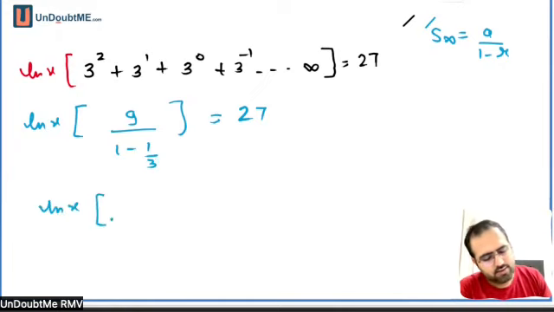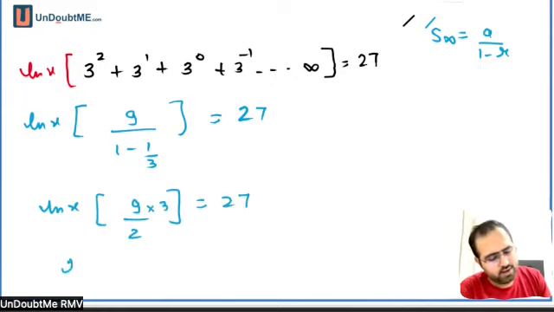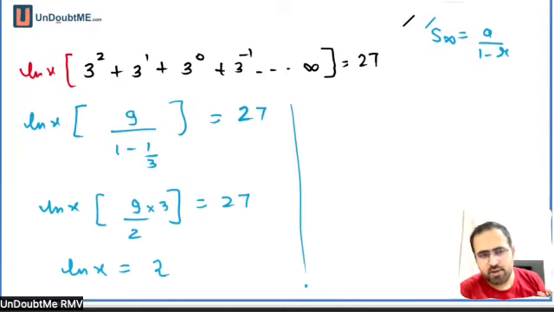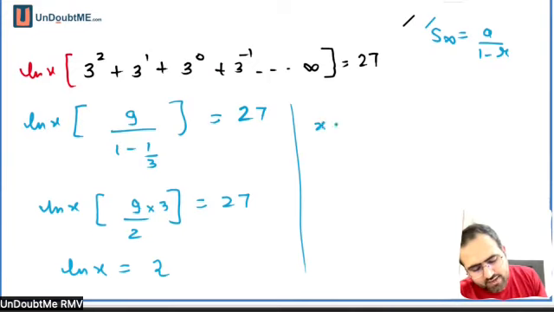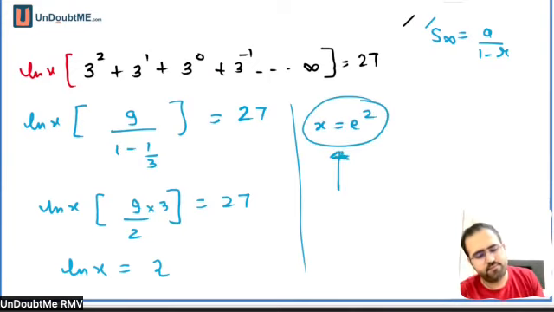So ln x times 9 upon 2 by 3, the 3 will come up, equals 27. ln x is equal to 27, the 27 will cancel, so only 2 will be left. And ln means the base is e, so x will be equal to e to the power 2. That is the final answer.